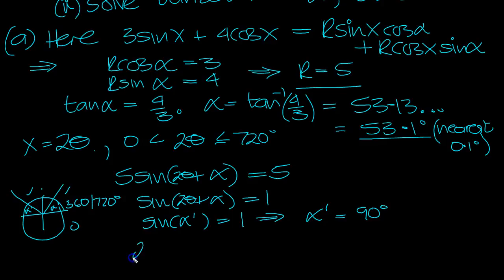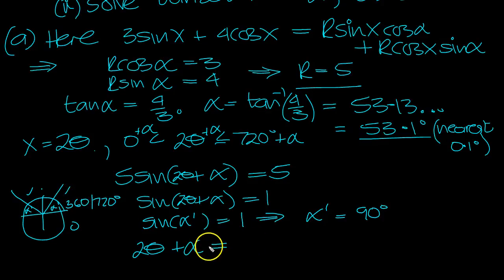Okay, so 2 theta plus alpha is equal to, so what have we got? Now 2 theta plus alpha then will be plus alpha here, plus alpha here. So alpha is 53 degrees.